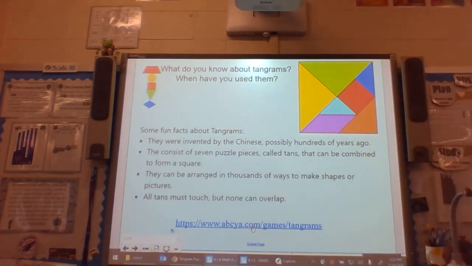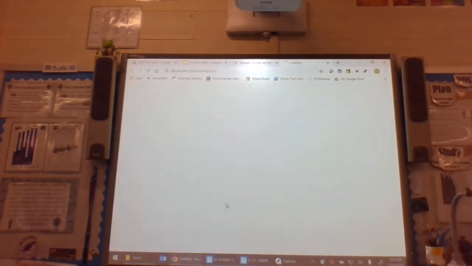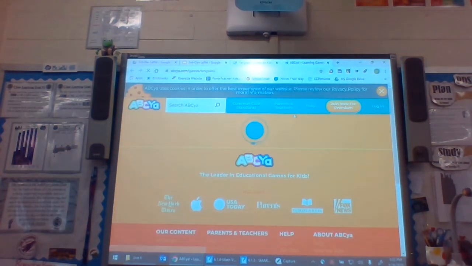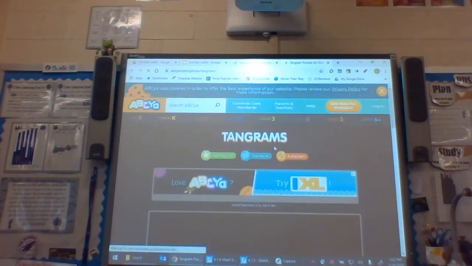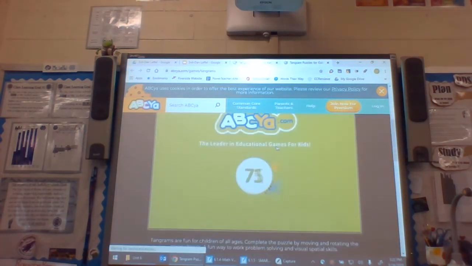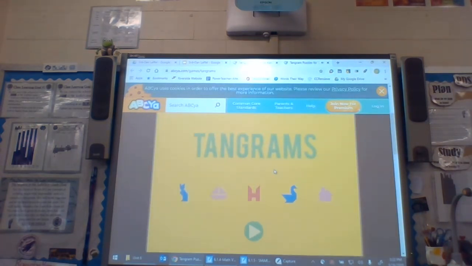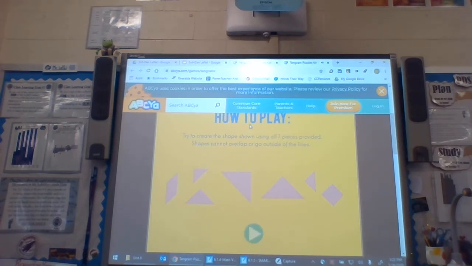So I'm just going to show you a little bit about this and what it is. Here's the link, and if you click on that link, it's going to take you to this page that says tangrams. And you would hit play. And this right here is tangrams, play, and it says how to play. Try to create the shape shown using all 7 pieces provided. Shapes can't overlap or go outside of the lines.